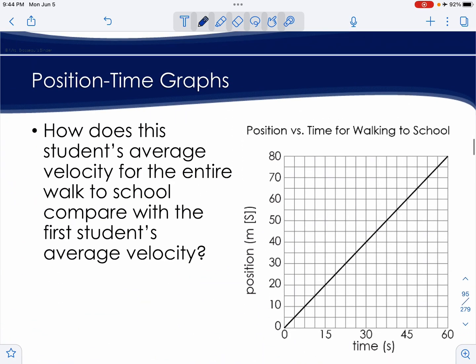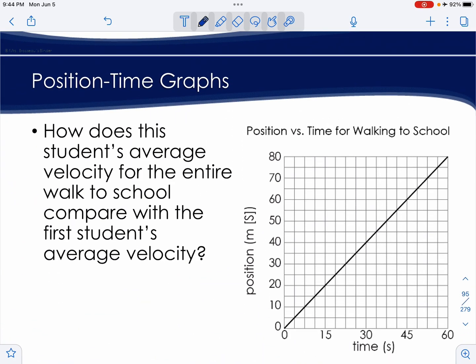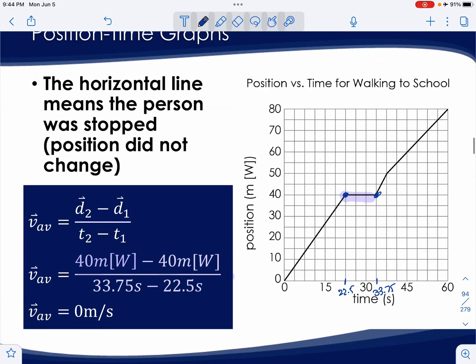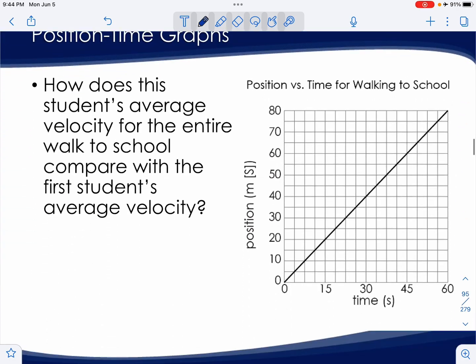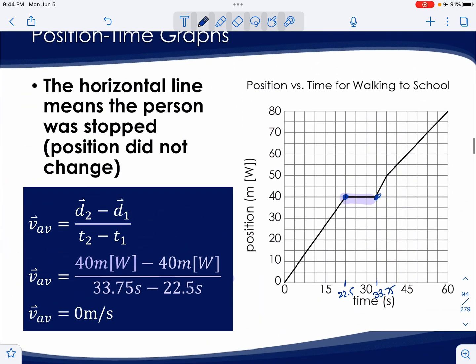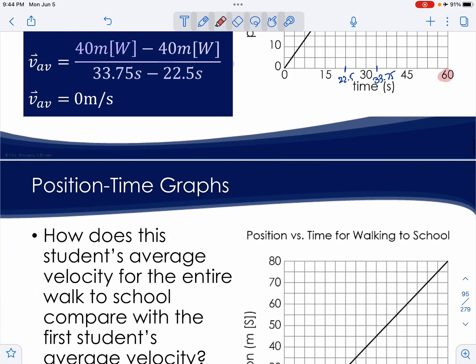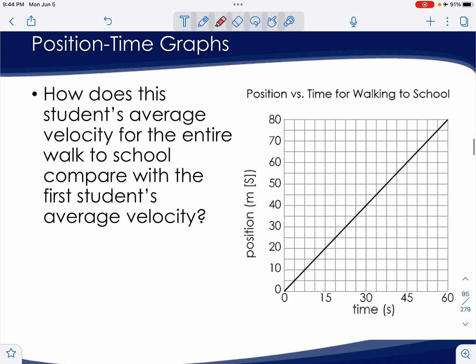So see here, this was the original student, and this is the one we're comparing. This student traveled 80 meters west in 60 seconds, and this student traveled 80 meters south in 60 seconds. So they're both going at the same magnitude, but not the same direction.